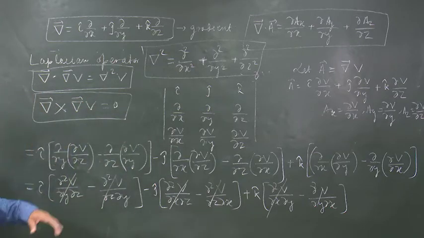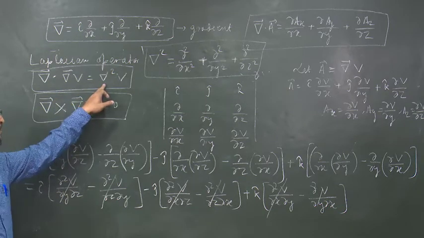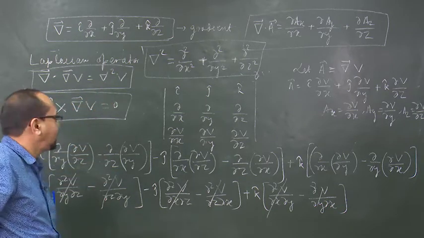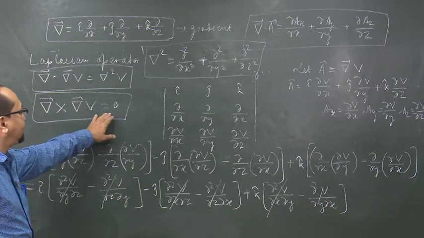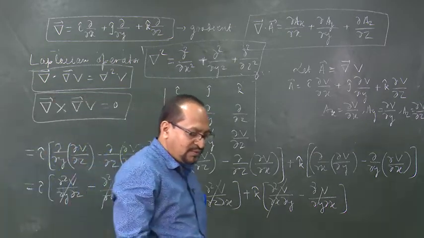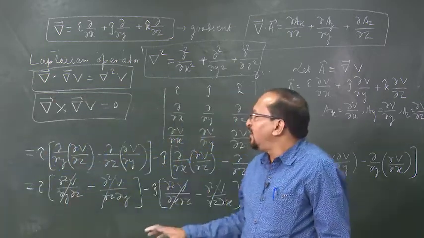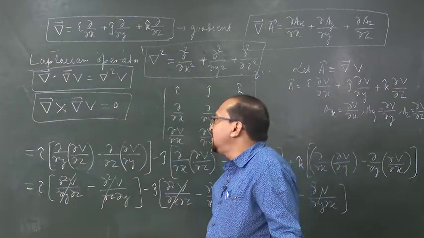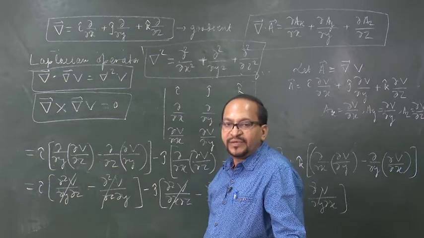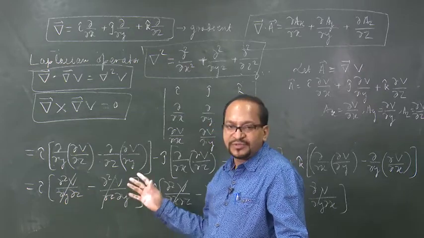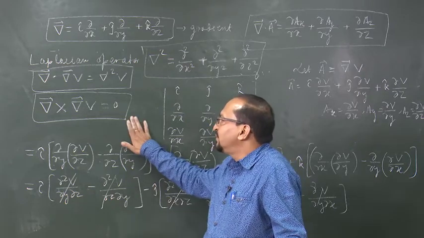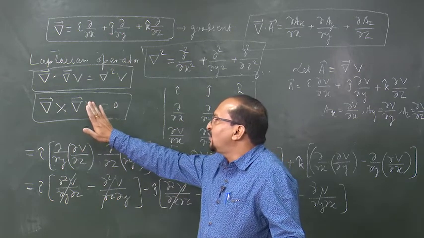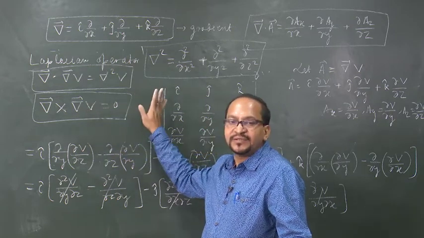The first gives you a new operator, the Laplacian operator, that is del square v, and the second gives you 0. And often we exploit this property to define many things in electrostatics and, of course, in different branches of physics. What is this property? That curl of gradient of a scalar is always 0.